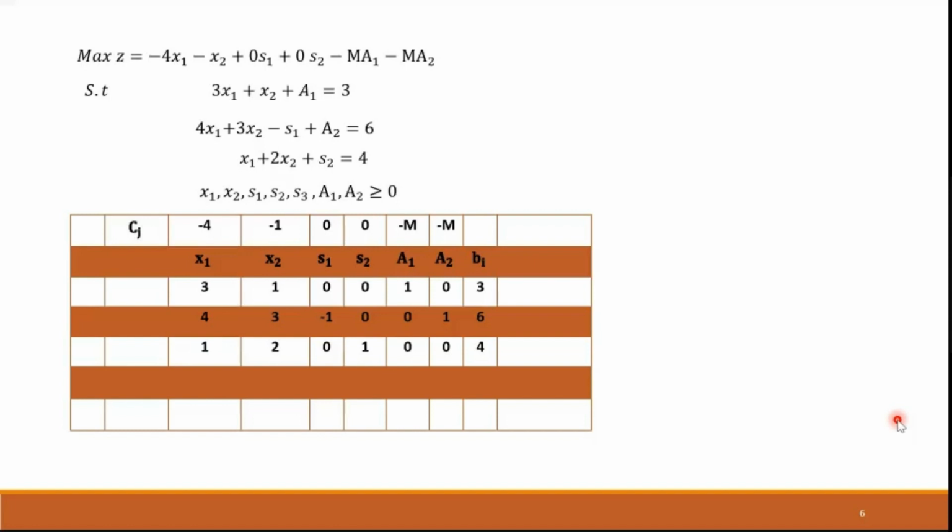After writing the coefficients of all the variables, we have to see whether we are getting, as there are 3 constraints, we should have a 3 by 3 unit matrix.